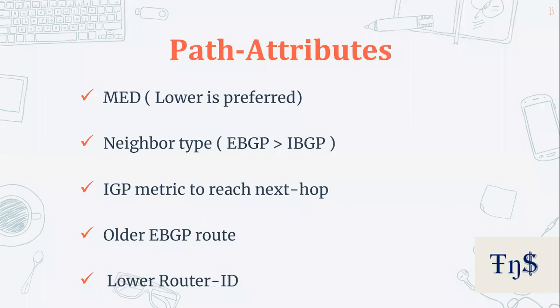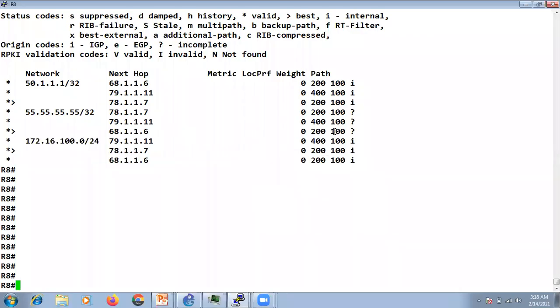Let me go back. So it is also comparing based upon the older route, right? Because everything is same, right? Number of AS they are crossed, two AS are crossed. This origin code is also same. The weight is same, and there is no local preference, so by default it is 100. Metric by default it is 0.